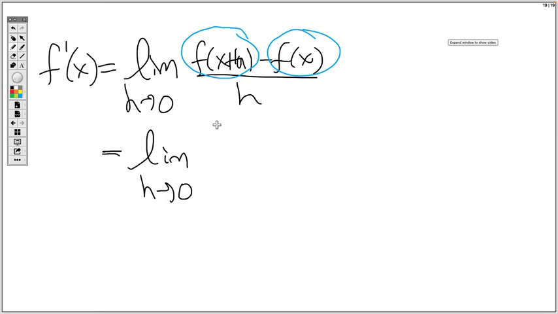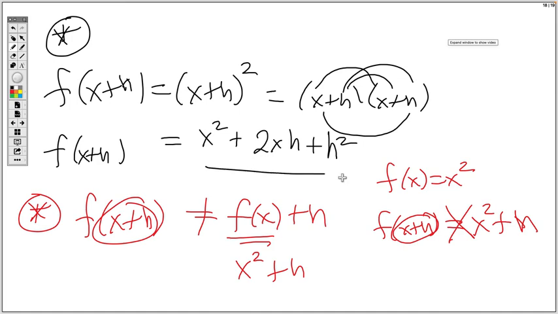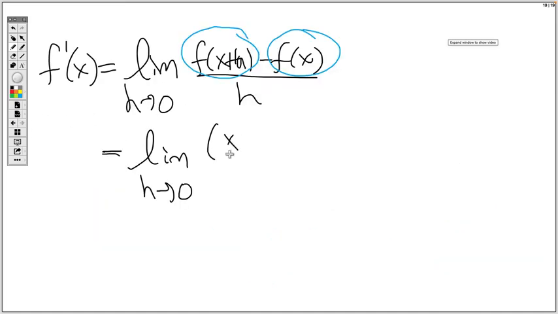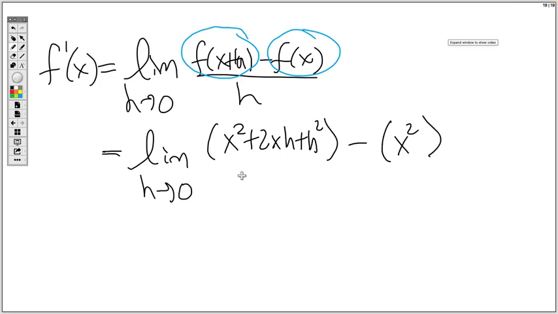So f of x plus h, I know that. I'm going to put in the quantity here: x squared plus 2xh plus h squared, minus my formula for f of x, x squared over h. And you want to use parentheses.